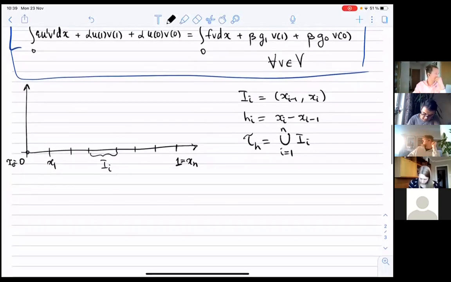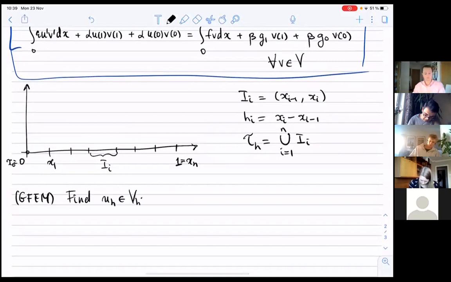I think that's enough information. Then we can write the finite element approximation. So FEM: find uh from Vh such that, where Vh is defined as follows.